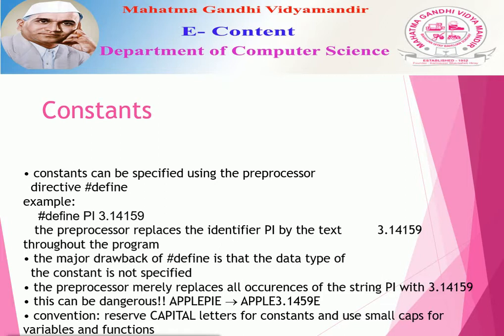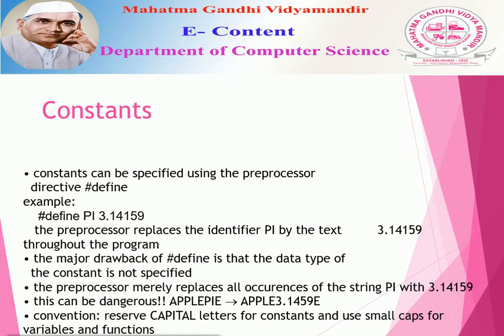Suppose you know the value of pi is fixed, 3.14159. You can mention it as #define PI 3.14159. The preprocessor replaces the identifier PI by the text 3.14159 throughout the program.